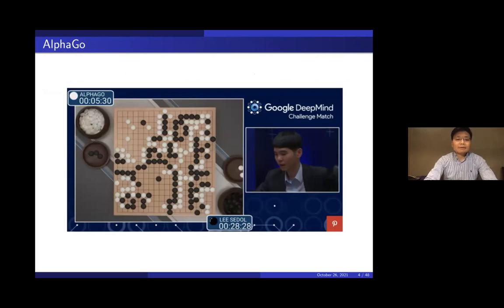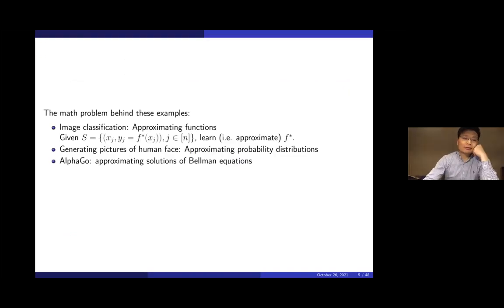AlphaGo is a very well-known example, and it's built upon the principles of deep reinforcement learning. So reinforcement learning plus deep learning. I'll explain what deep learning is about later. But that's another very successful example. Right now, it beats all humans.